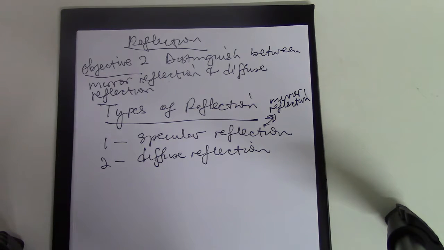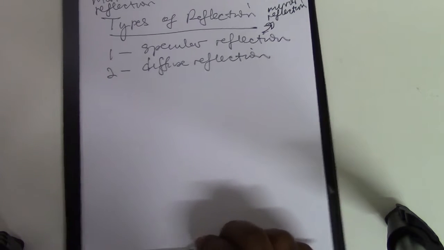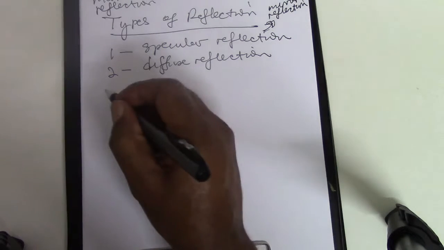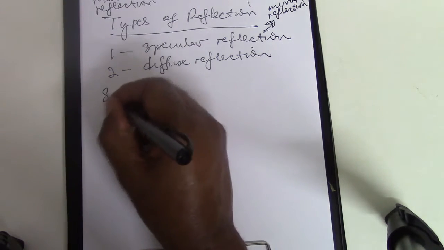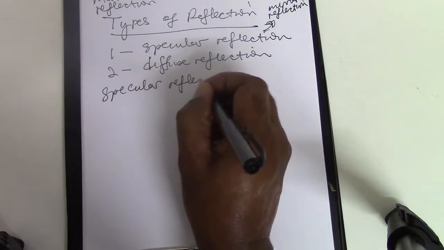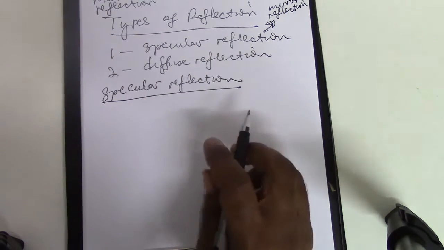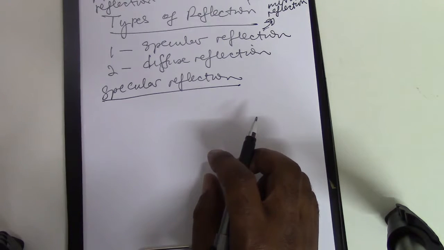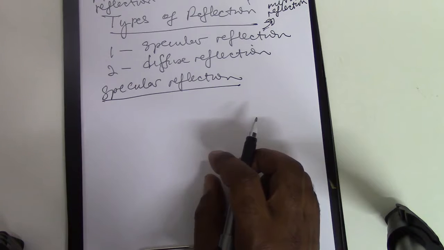Right. So let's start by looking at the specular reflection. Okay, in previous discussions, we said reflection of light may occur when light travels from a medium of a given refractive index into a medium with a different refractive index.